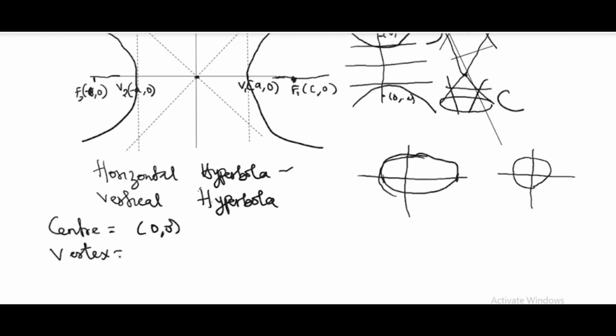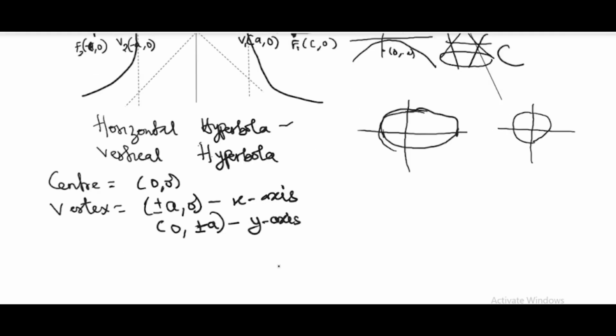Since it is on the x-axis, we have it to be plus or minus a comma 0. But then if it's on the y-axis, it will be 0 comma plus or minus a. So take note, the way you write it determines if you will be correct. In an exam, don't just say I've gotten a. It's a coordinate, so you have to state it properly. That's why you need to know what happens if the vertex is on the x or on the y axis.